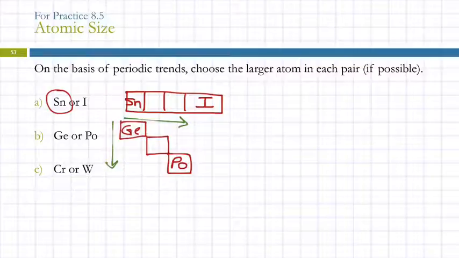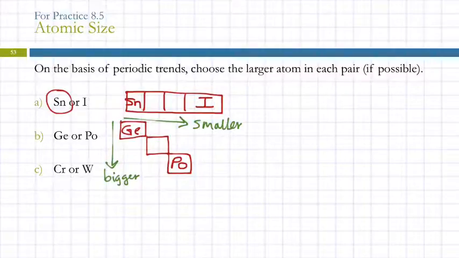So we look at those two changes separately. When we go across, does it get smaller or larger? Smaller. So from that we would predict polonium's smaller. But as we're going down, what happens? They get bigger. So those two trends contradict each other, don't they?